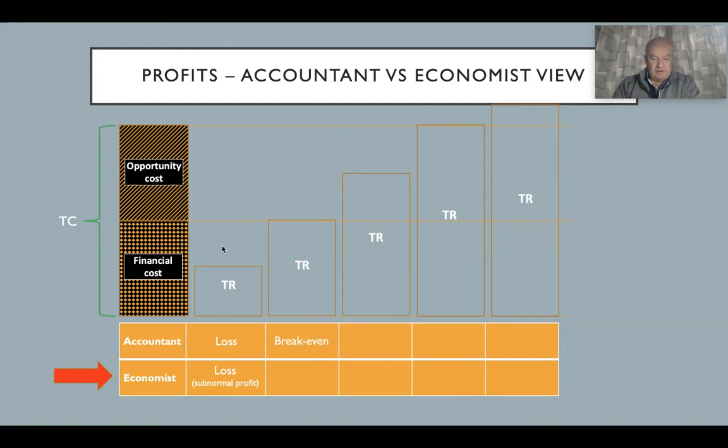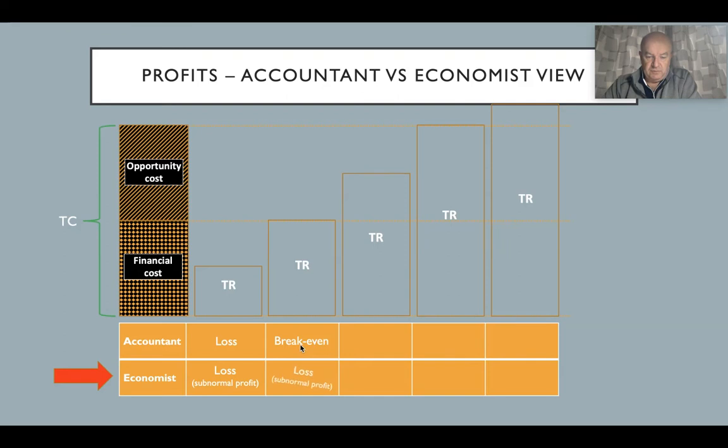So in this situation, we have total revenue equaling total cost. Our financial cost, which an accountant will look at, is variable costs plus fixed costs, and the accountant will compare that with total revenue, where total revenue equals total cost. The accountant's view is that the business has achieved break even, where total revenue equals total cost.